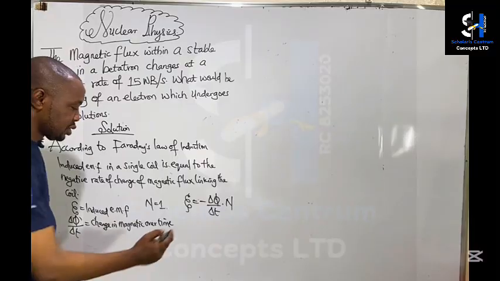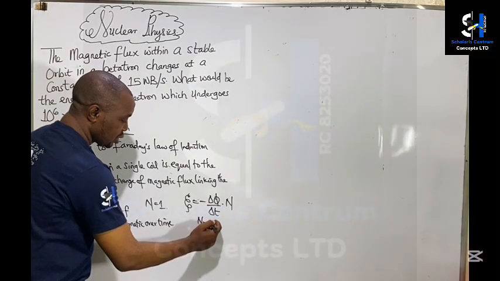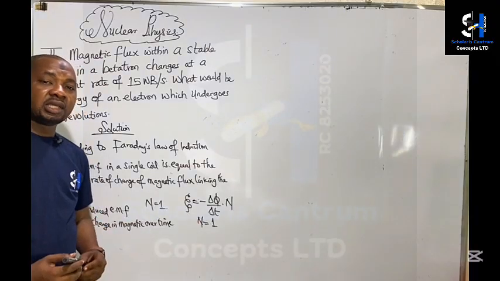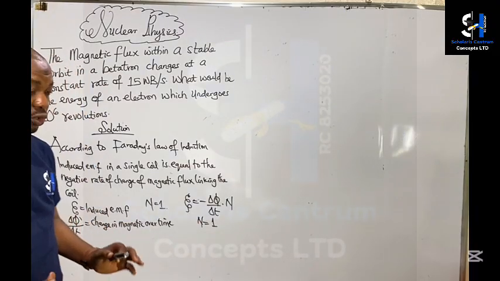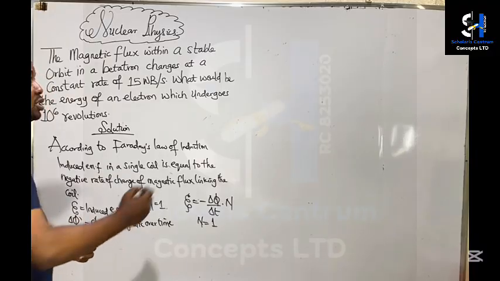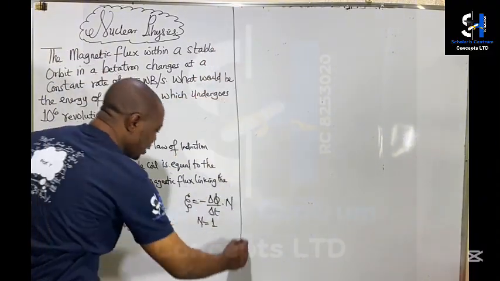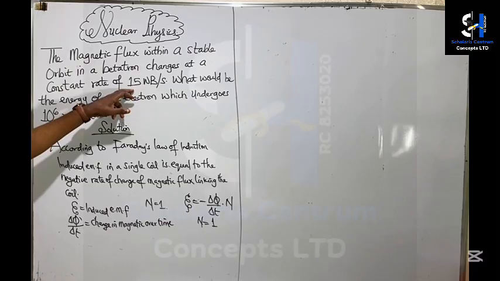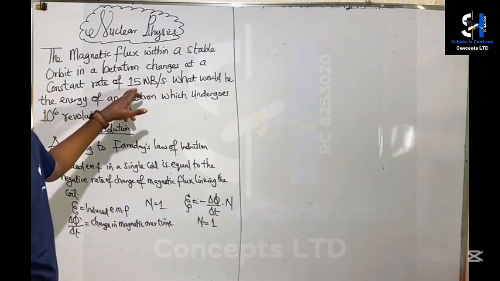The number of turns in this case will be 1. Now, the negative sign indicates the direction of induced current, so we're going to neglect the negative sign in this calculation. So since the magnetic flux is changing at a constant rate, the induced EMF in the coil will be 15 volts.